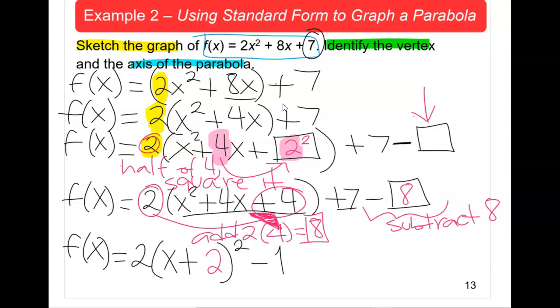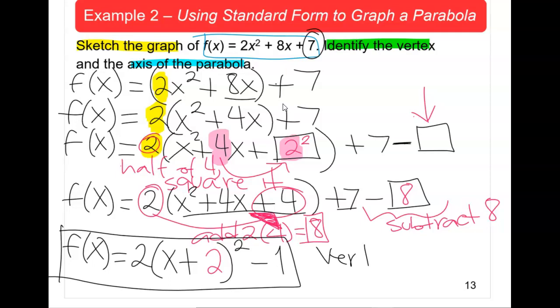Now that our quadratic function is written in vertex form, we could find right away what the vertex is. And that is going to come from here. We see a plus 2, so we have to use a minus 2. And then we see a minus 1, so we still use a minus 1.